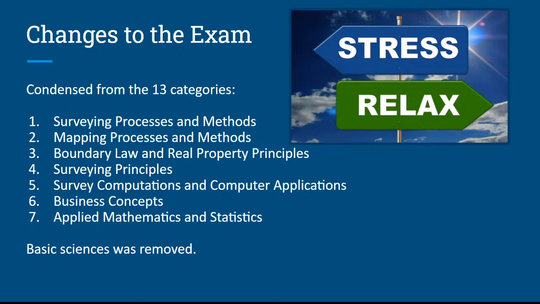So there's nowhere near as many math problems as there used to be. The statistics section has also been merged into the mathematics section. The mathematics section previously used to cover integral calculations and matrix algebra. And then basic sciences was technically the only thing that was really removed.